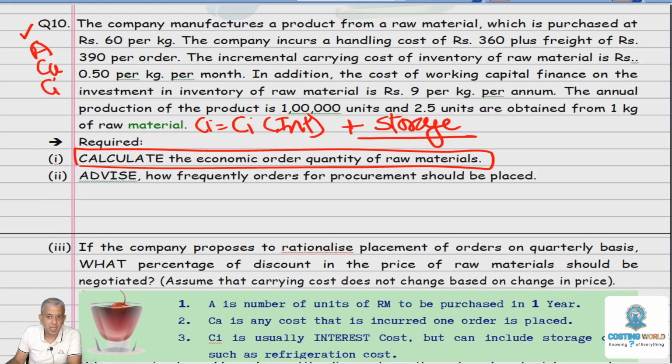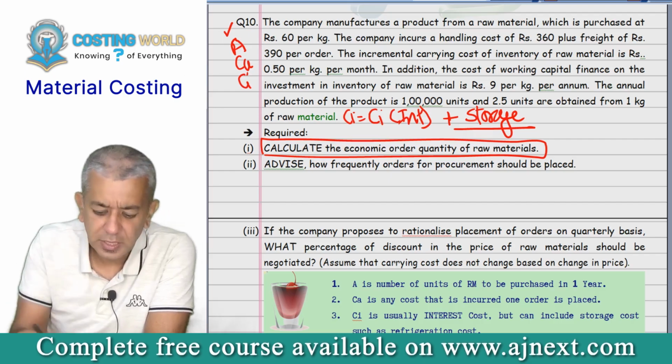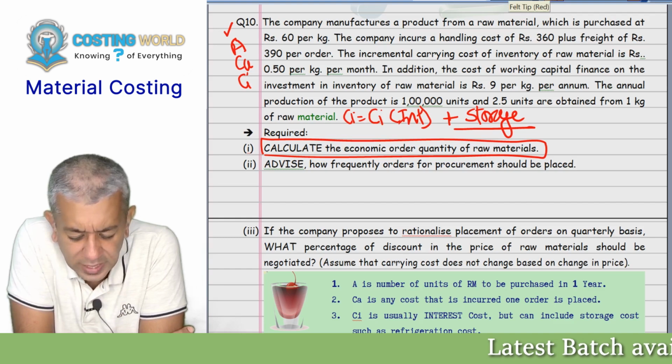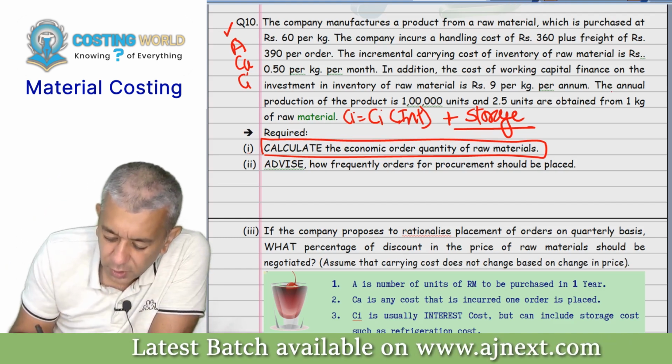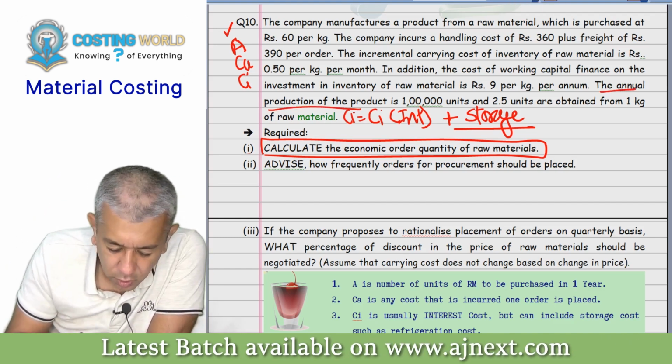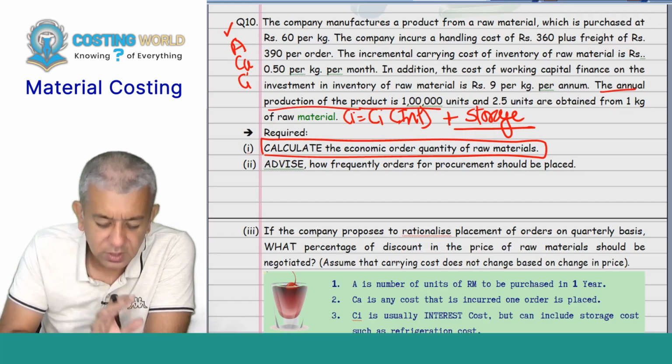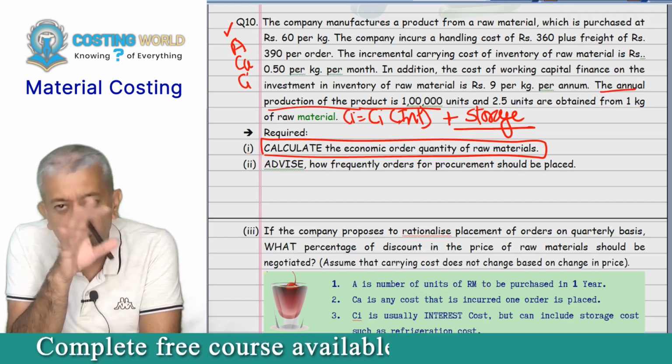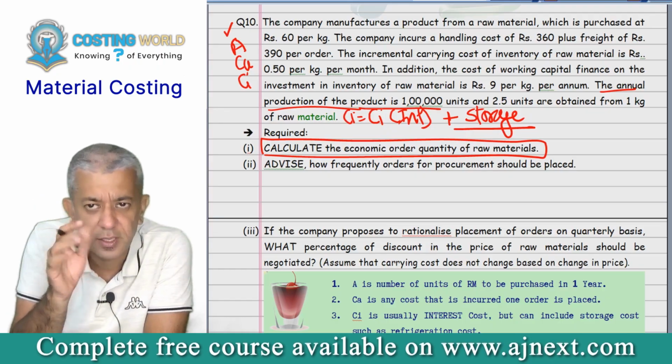We'll start with A first of all. Now see, what was the question all about? In this case, I want A over here. Now what is given to you? The annual production of product is 1 lakh units. This is the quantity produced of finished goods beta.